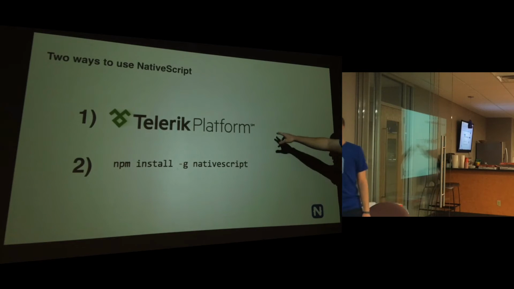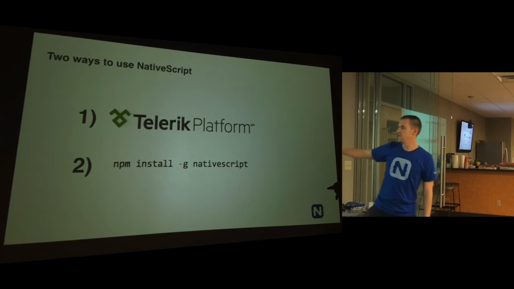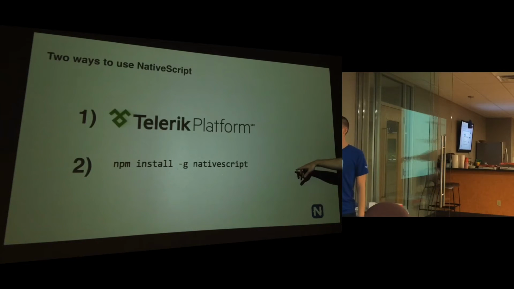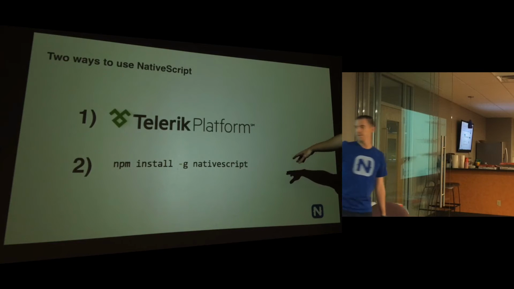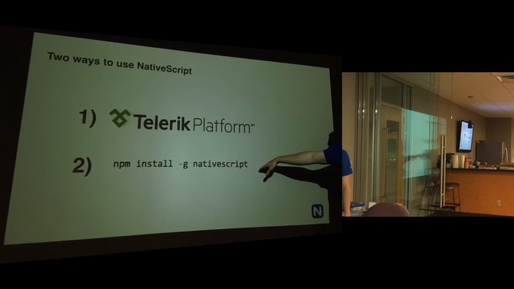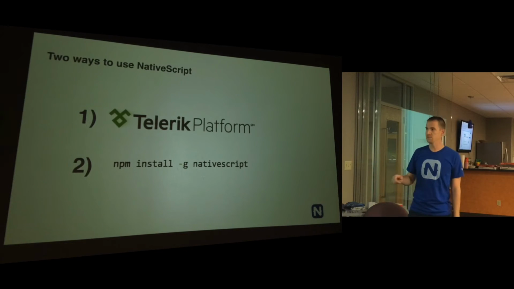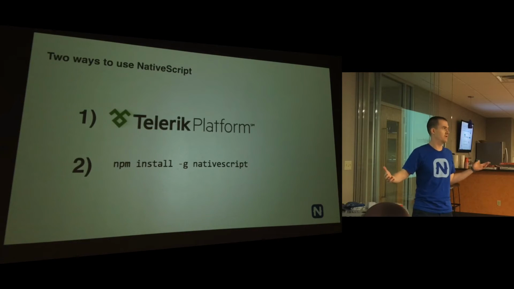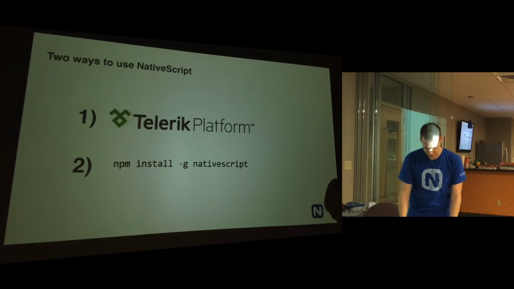But I'm getting ahead of myself again, we'll talk about that in a minute. You can also install the NativeScript CLI via NPM and use whatever IDE you want. And in the examples I'm going to show you, we are going to use Visual Studio Code because it's the new, cool, free, hipster browser. I actually really like it so far.